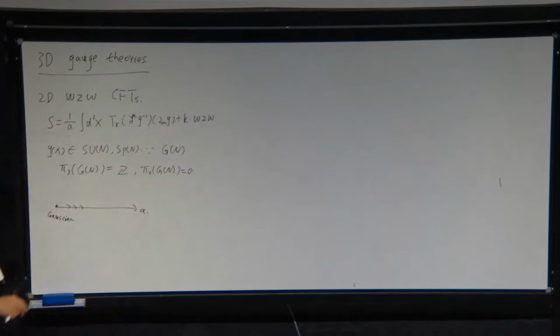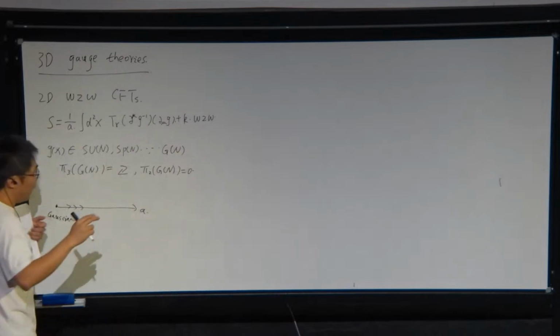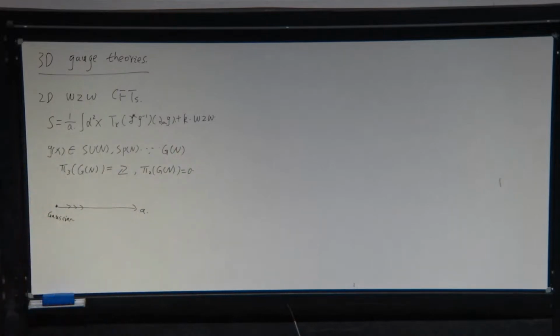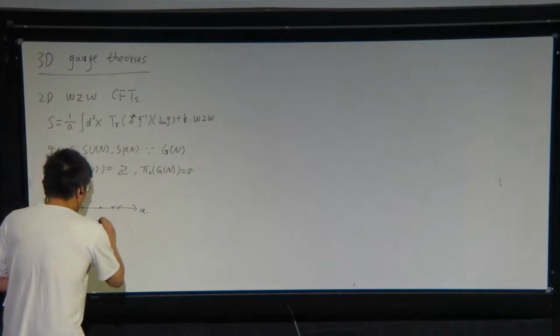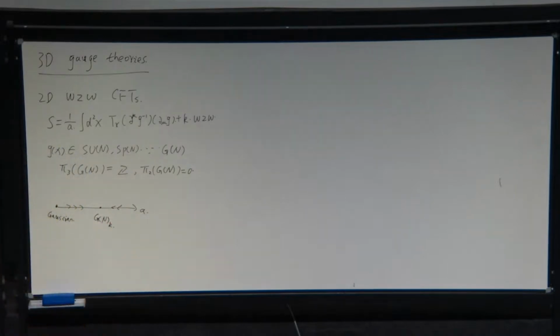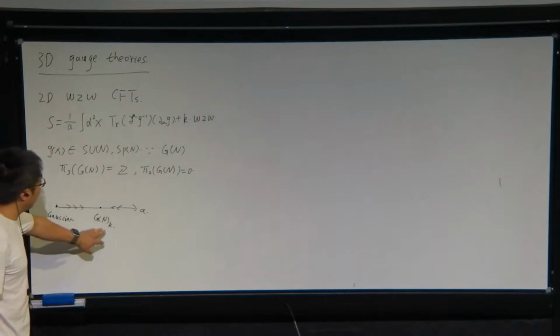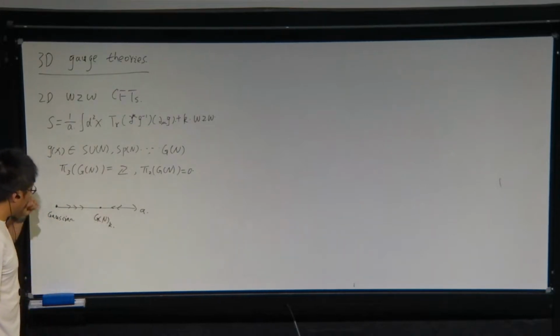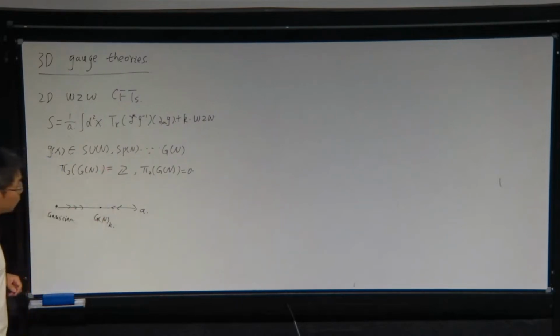The coupling A is relevant, and it will drive the theory to some strongly interacting fixed point. Without the Wess-Zumino-Witten term, you will end up with a trivial gapped state, a trivial vacuum. But with the Wess-Zumino-Witten term, you end up with the Wess-Zumino-Witten CFT. So that's the story for the Wess-Zumino-Witten CFT, and the key point for this to happen is really the Wess-Zumino-Witten term.